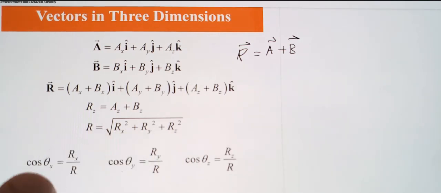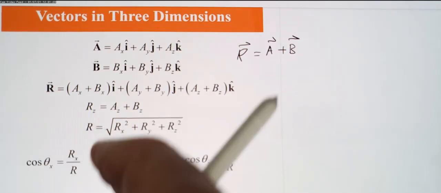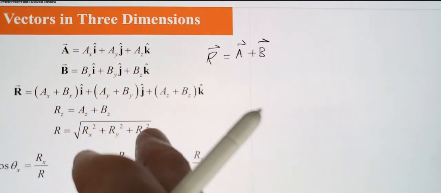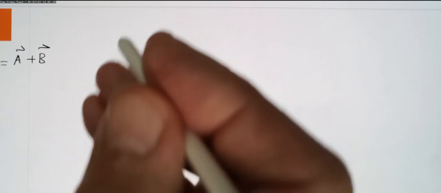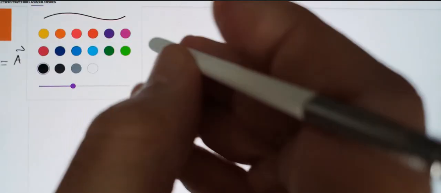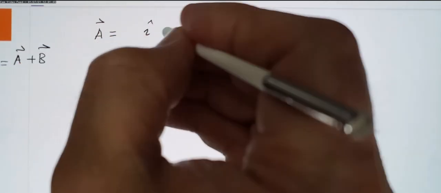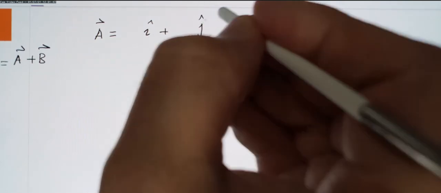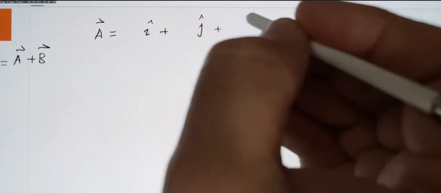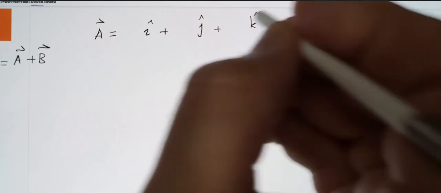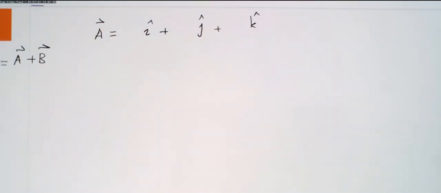Let's take an example. I think this is the last, yeah. Let's take an example. Come on, I need a volunteer. I plus J plus K. What are the values for I and J and K? I need a volunteer.